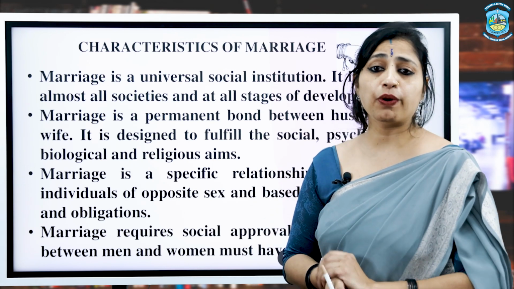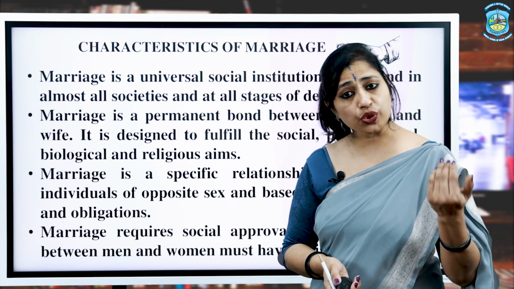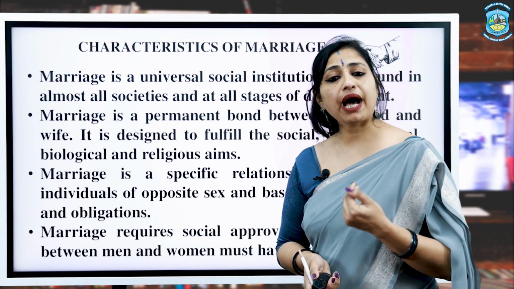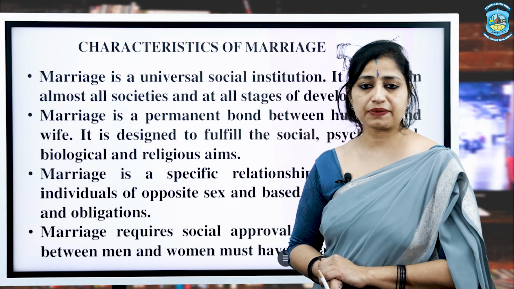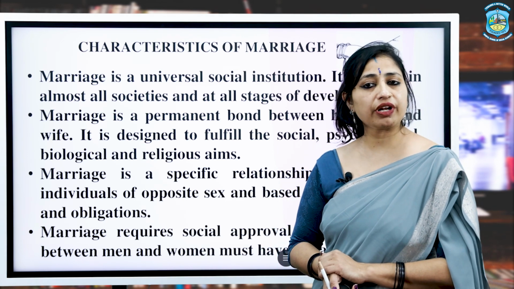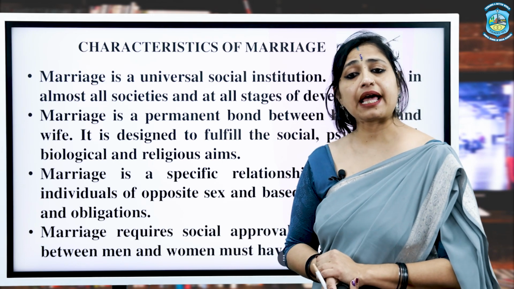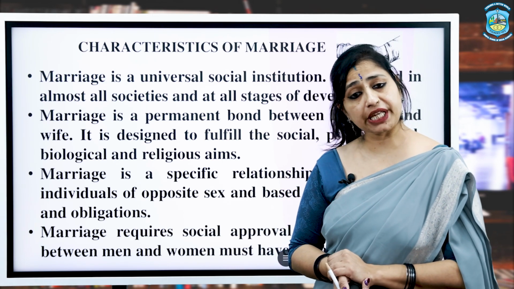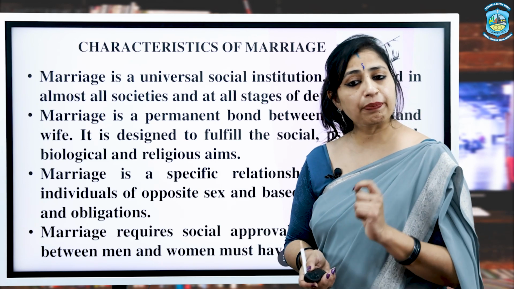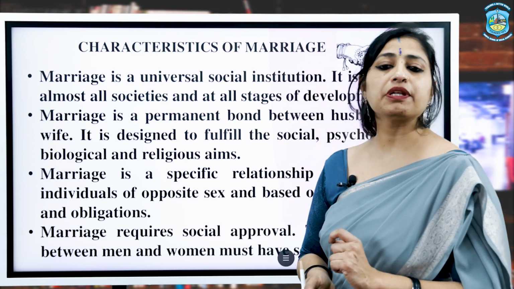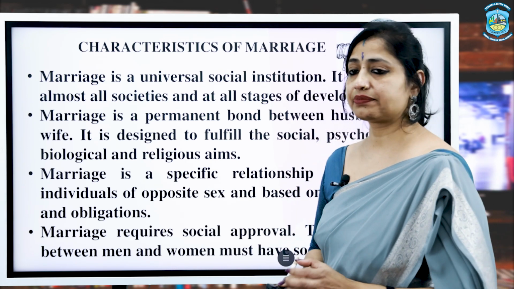Marriage is a permanent bond between husband and wife and it is designed to fulfill social, physiological, biological and religious aims at multiple times. Marriage is a specific relationship between two individuals of opposite sex based on mutual rights and obligations. Marriage requires legal social approval. This relationship between men and women should be legitimized.